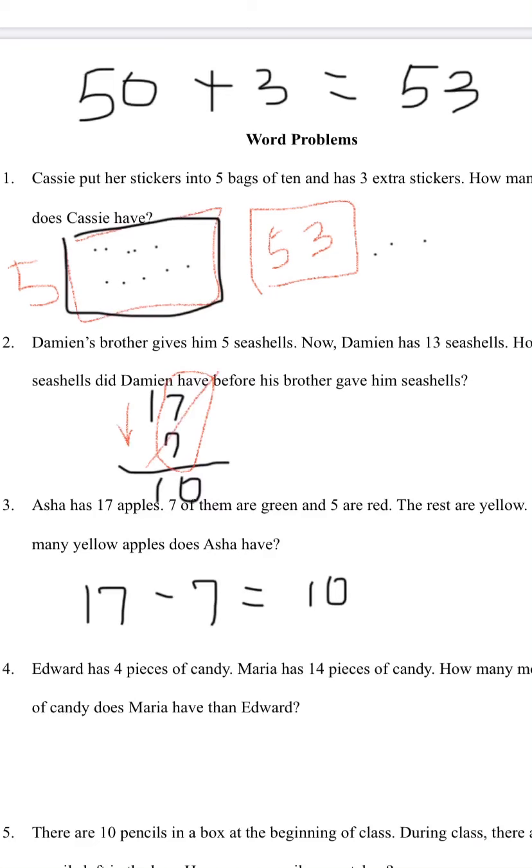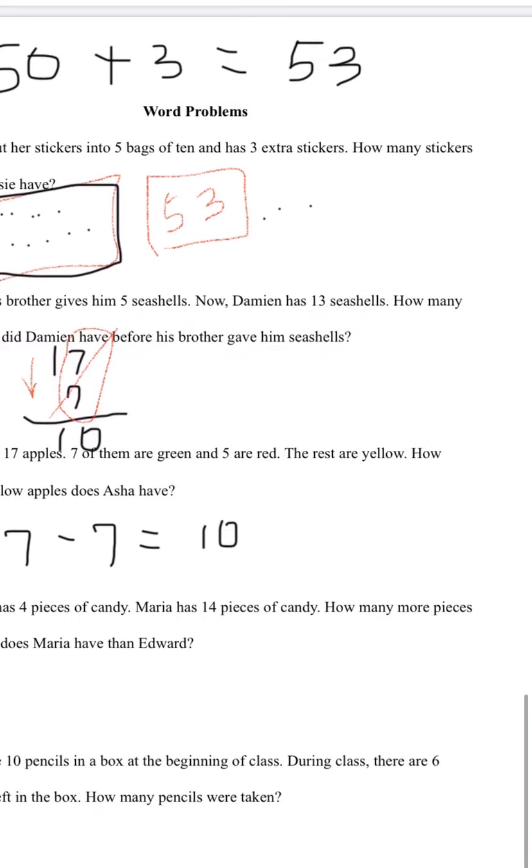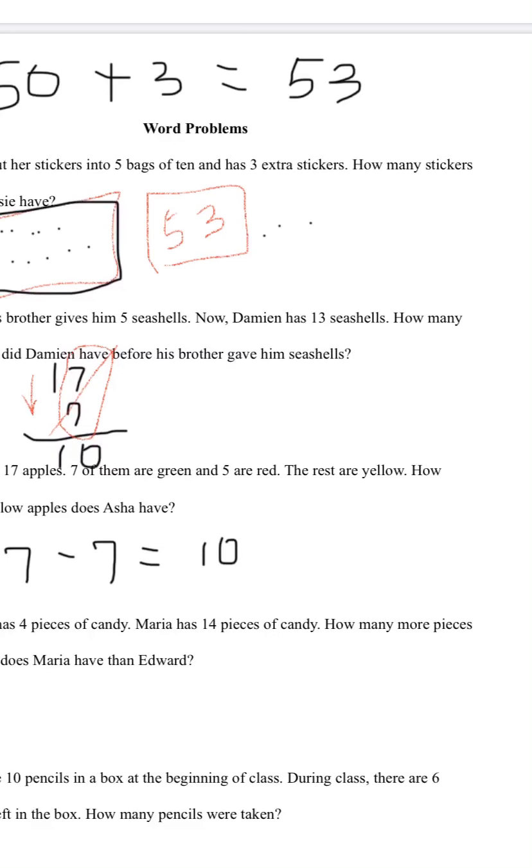Right? So that's 10, and then 5 of them are red. So we're going to subtract 5 again, and it's going to be 5. Because if you say that we have 10 circles, 7, 8.